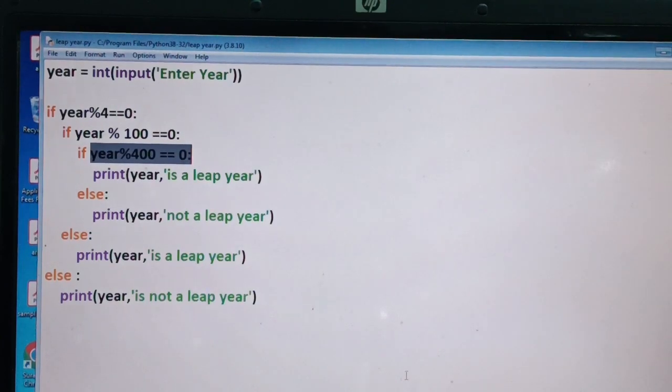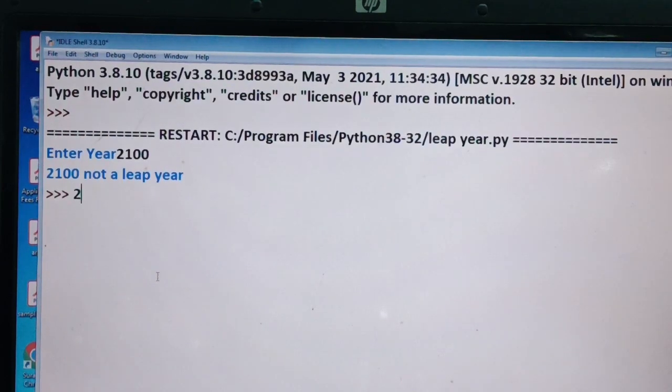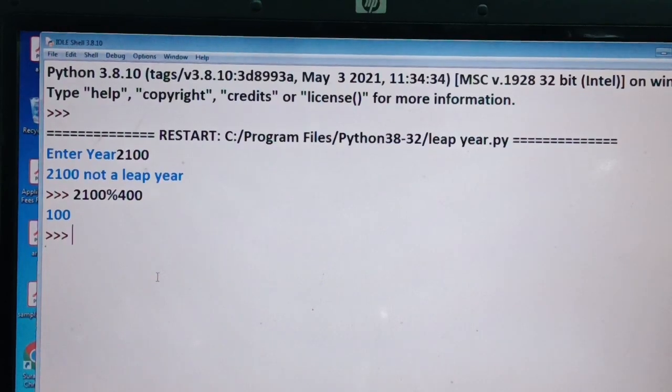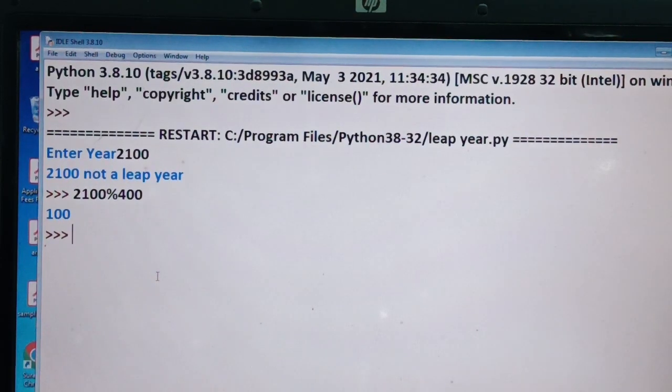Let me check also what we get. 2100 modulus 400 gives us 100. If it were divisible by 400, the remainder would be 0, but the remainder is coming as 100. So it shows that 2100 is not divisible by 400, but 2100 is clearly divisible by 4, since we get the remainder 0.